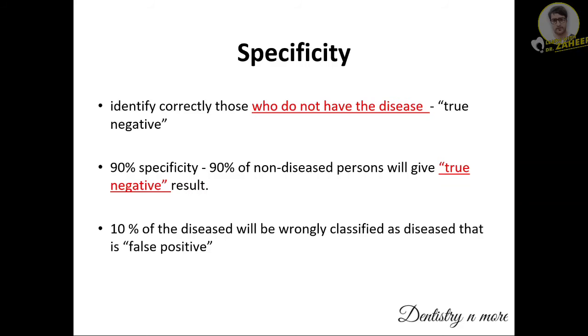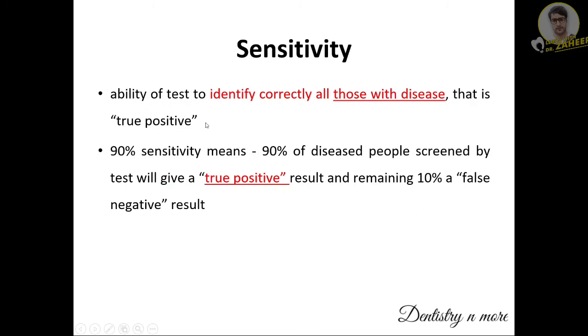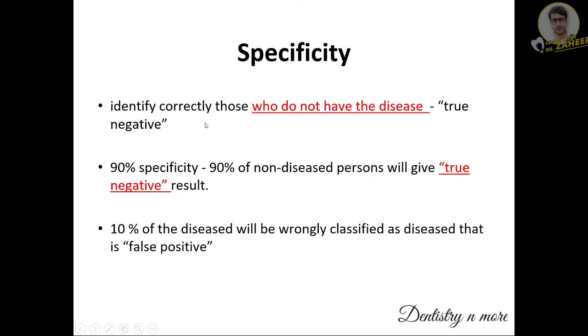Whereas specificity is identifying correctly those who do not have the disease, that is true negative. Before it was true positive. True positive means case, true negative means healthy. So 90% specificity means 90% of these non-diseased people will be true negative, and 10% will be false positive.